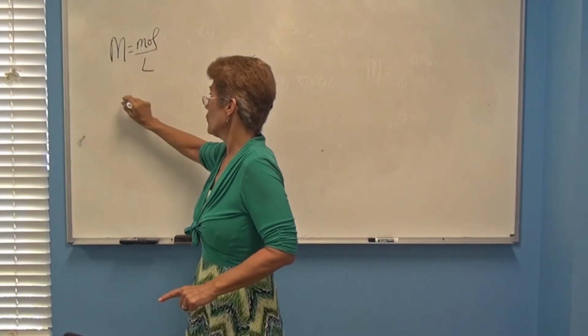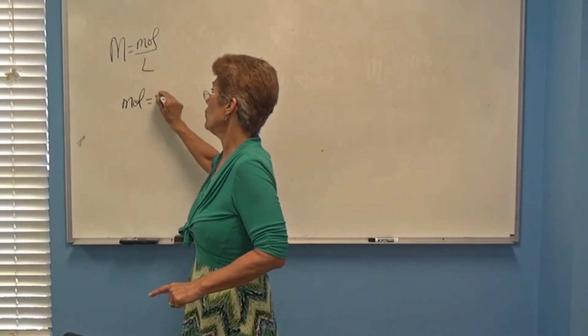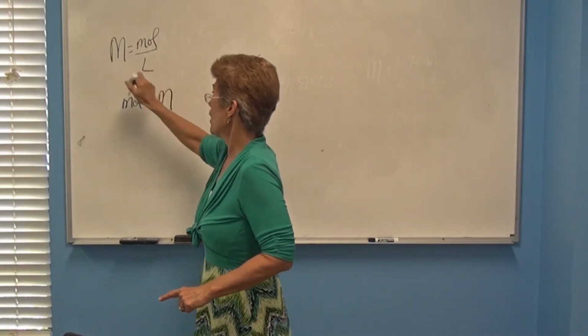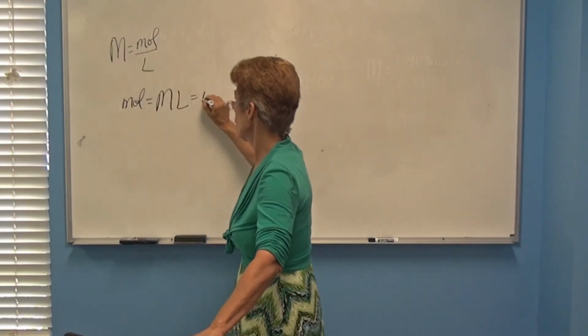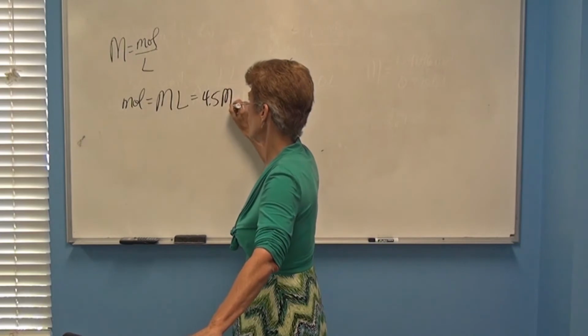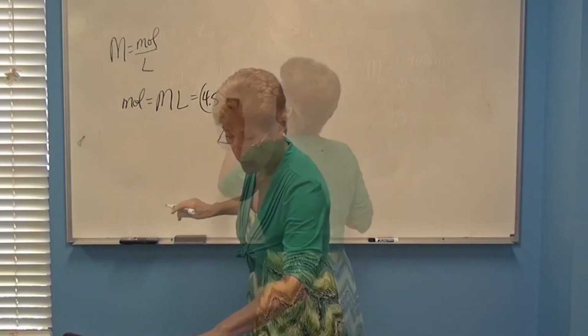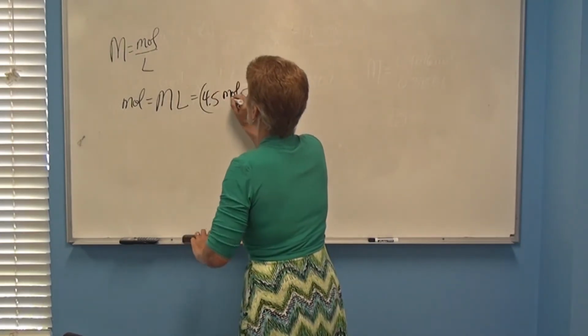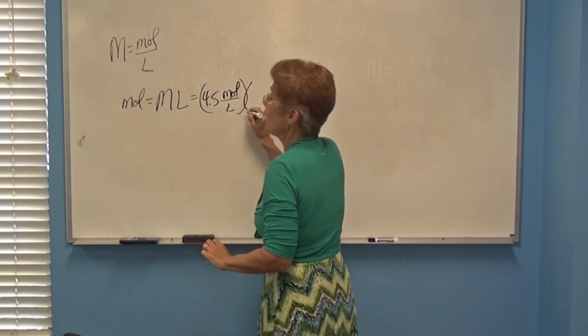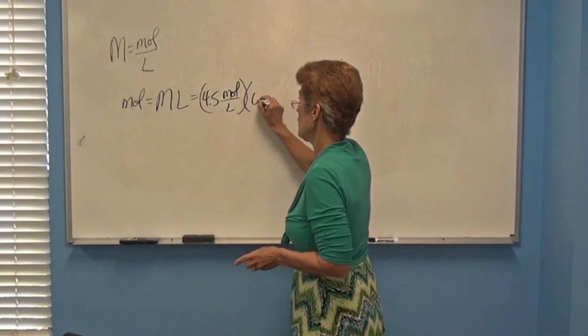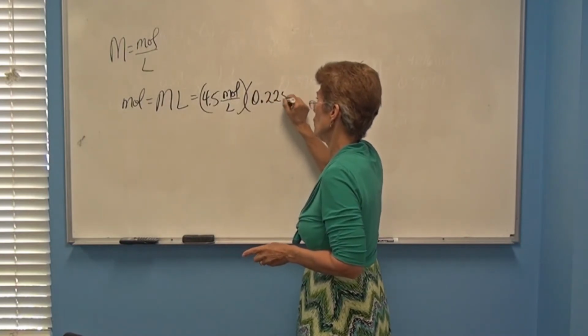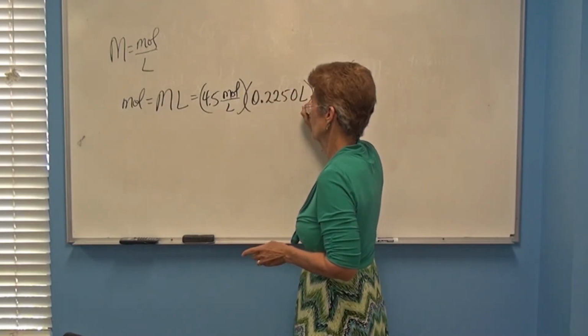So let's solve for moles. Moles equals the molarity times the liters, right? The molarity we're given here is 4.5 molar, which is moles per liter. I'm going to write that here so you can see it. Moles per liter times, we are given 225 mL, so I'm going to make that liters, 0.225 liters.